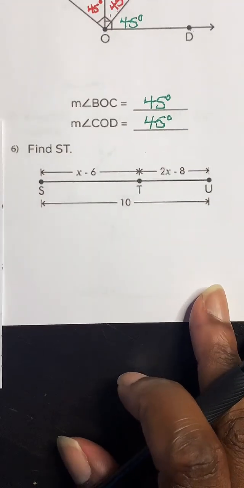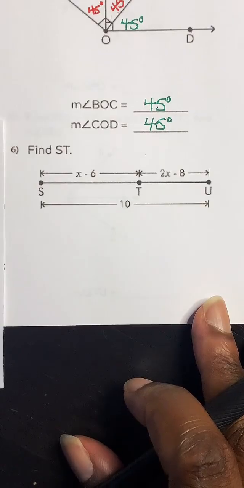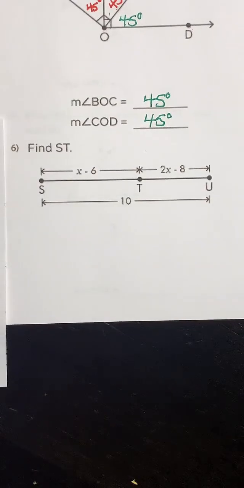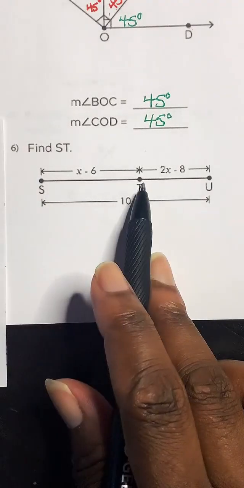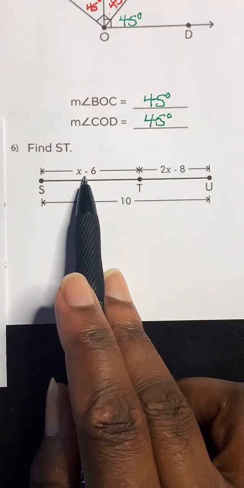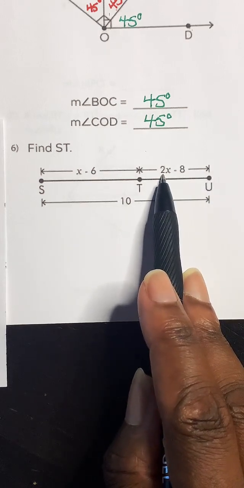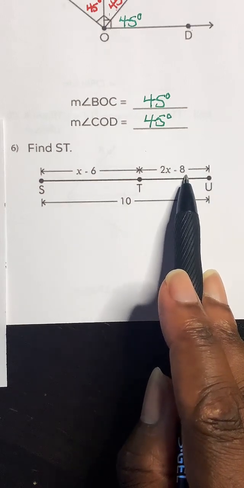Now, I'm going to leave this one for you to try. Think about what we were doing. I want you to find ST. ST is this expression, x minus 6. TU is 2x minus 8.